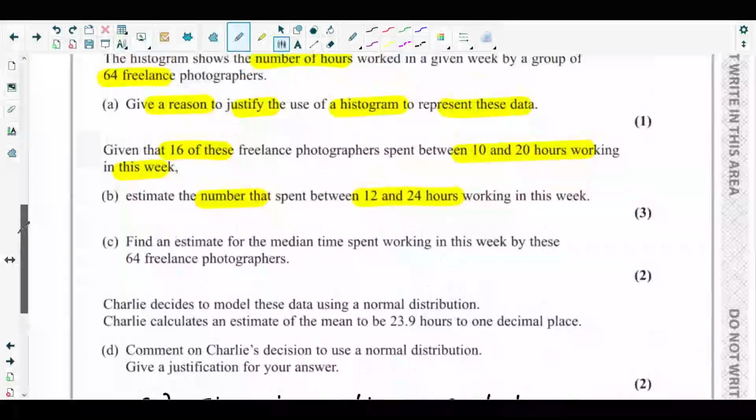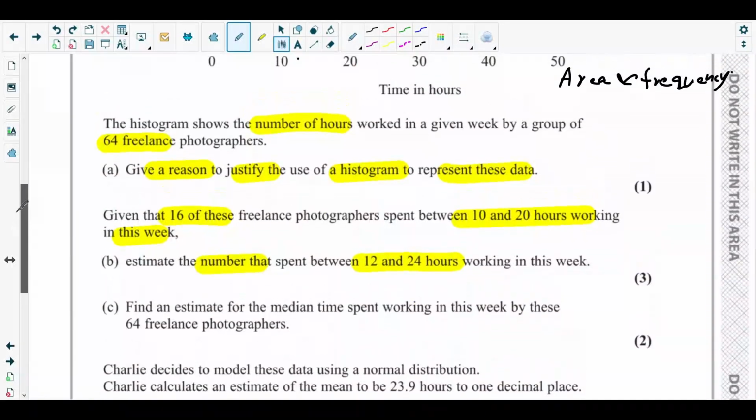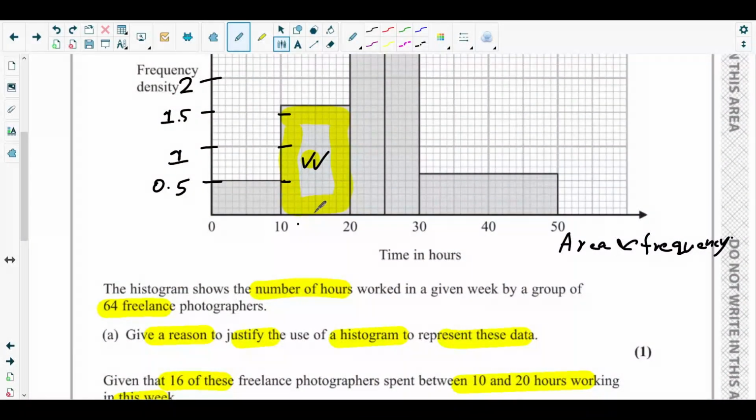Now we need to find the area from 12 to 24. Where is 12? This is 10, this is 11, this is 12. Let me draw a dotted line so you can understand better.